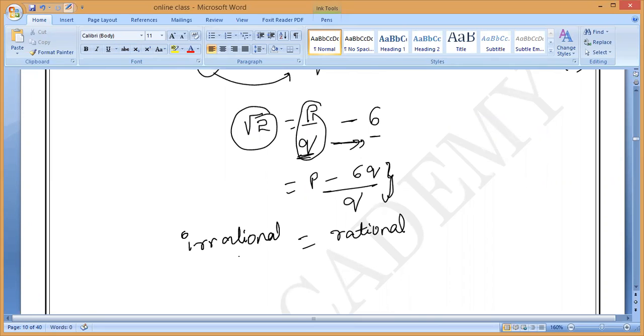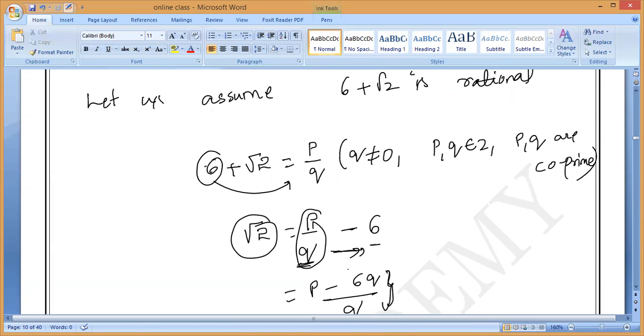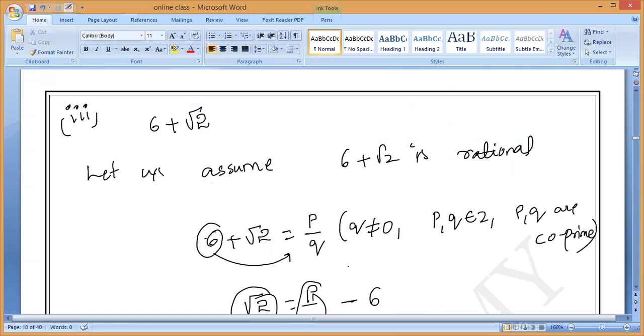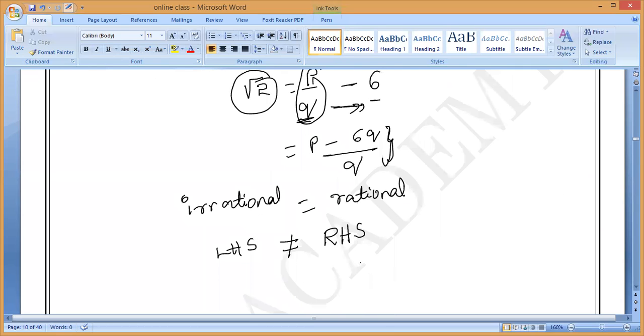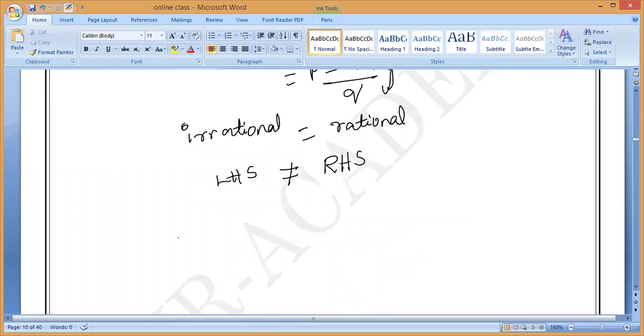Irrational. It means LHS is not equal to RHS. The false statement. So our assumption is right or wrong? Wrong, ma'am. You want to prove root 2 is irrational.